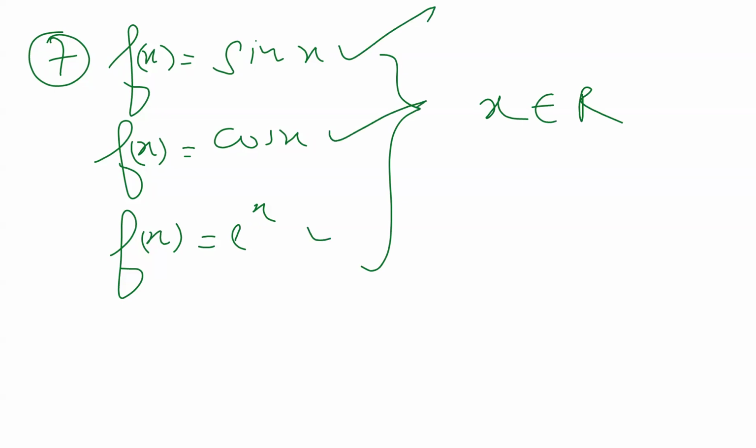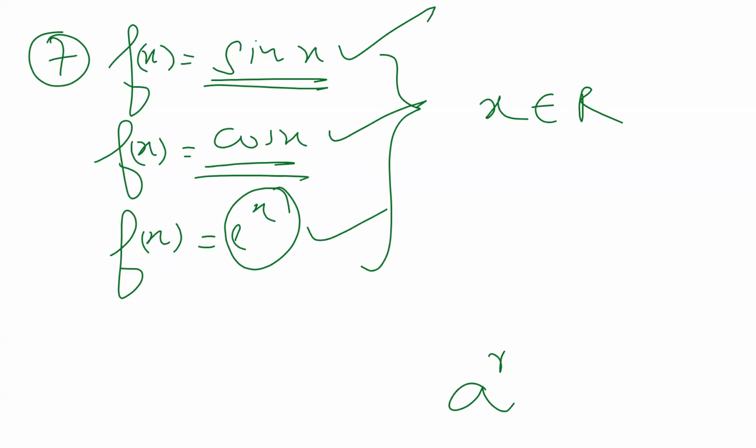Sin x, cos x, e raised to x. These are two trigonometric functions, and this is an exponential function. Don't take a raised to x, take e raised to x, Euler's constant. So these functions are continuous at any value of x belonging to real numbers.